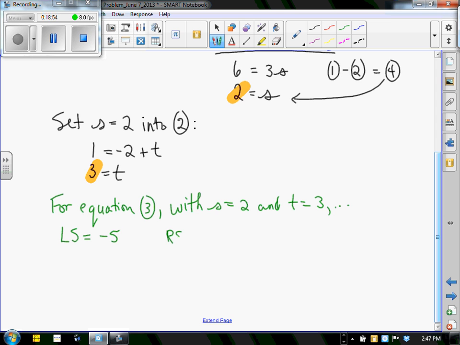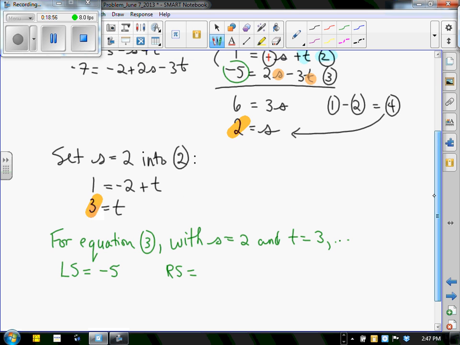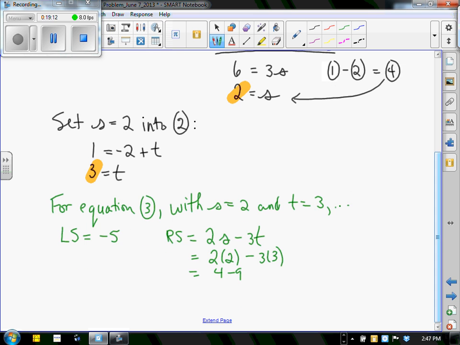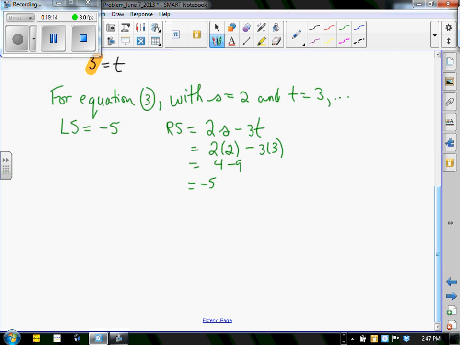And our right side is going to be 2s minus 3t, which would be 2 by 2 minus 3 by 3, which is 4 minus 9, which gives us minus 5.